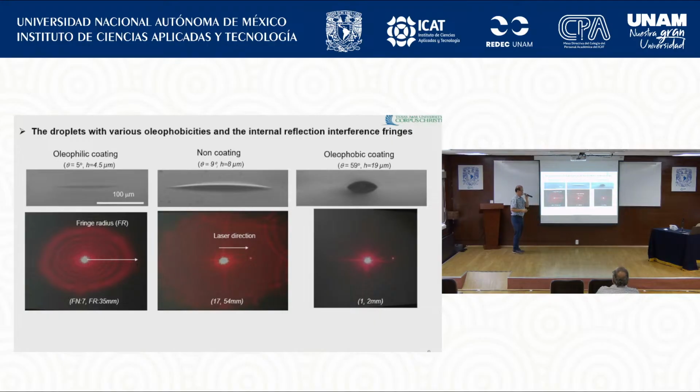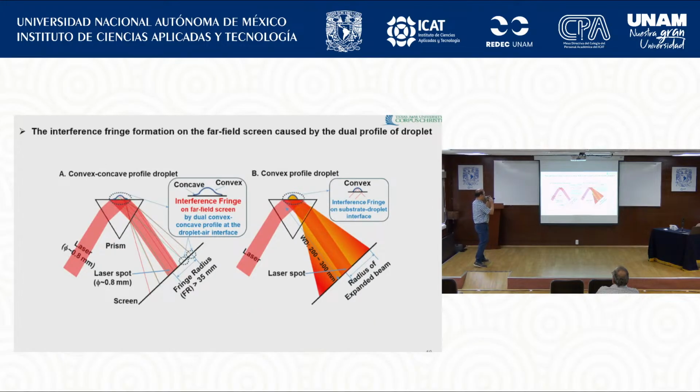So we came to have a question about why we have this kind of far field interference fringe. The main observation we have here is that this far field interference fringe is caused by dual droplet profiles, not just a convex profile.